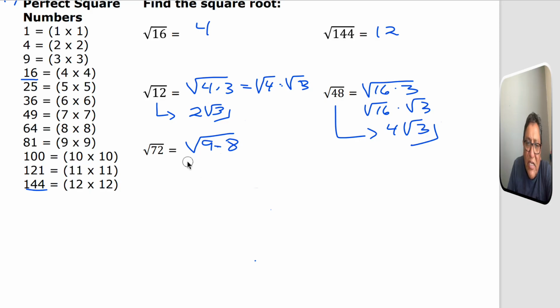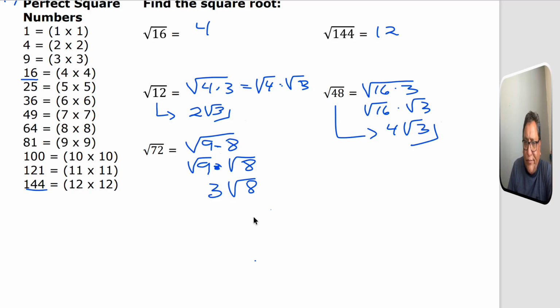Now we can split it as the square root of 9 times the square root of 8, and the square root of 9 is 3, times the square root of 8. But still, we need to simplify 8.